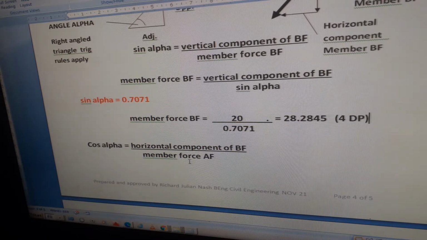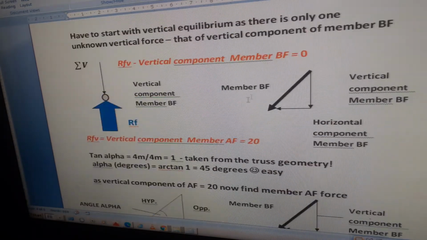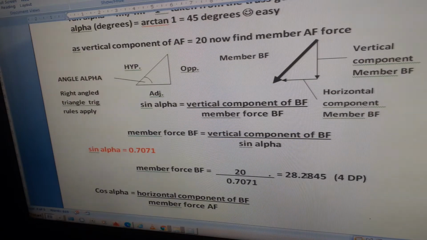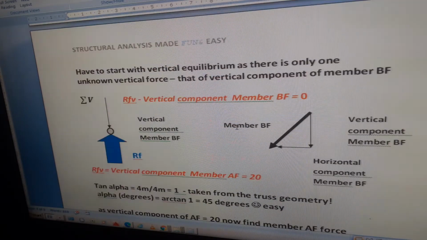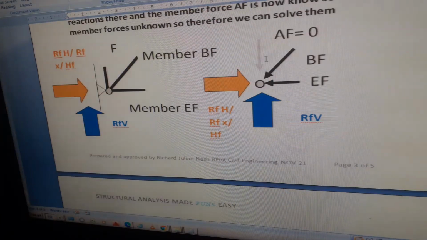So basically there you have it. We found the vertical component of member BF is 20, therefore the value of member BF force is 28.284, and that is a compression force because it's going towards the joint. That was just my assumption.